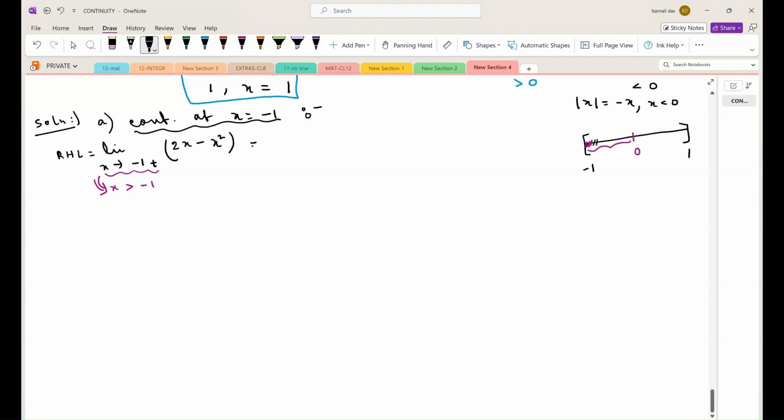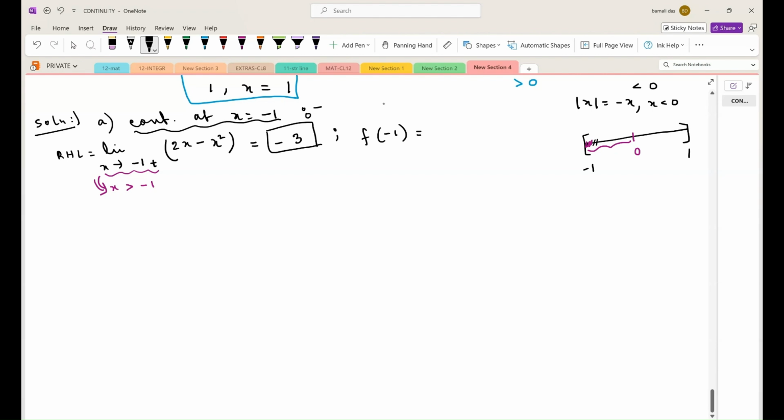So now this is a polynomial function. You simply replace x by 1, so you get minus 3. Right, minus 3. So this is your right hand limit. Now let us check the value of the function at minus 1.